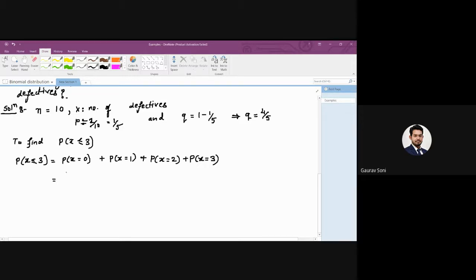You can directly put this in your calculator, summation of 10Cx p raised to x. What is our p? 1 by 5 raised to x, and 4 by 5 raised to 10 minus x. X is running from 0 to 3.